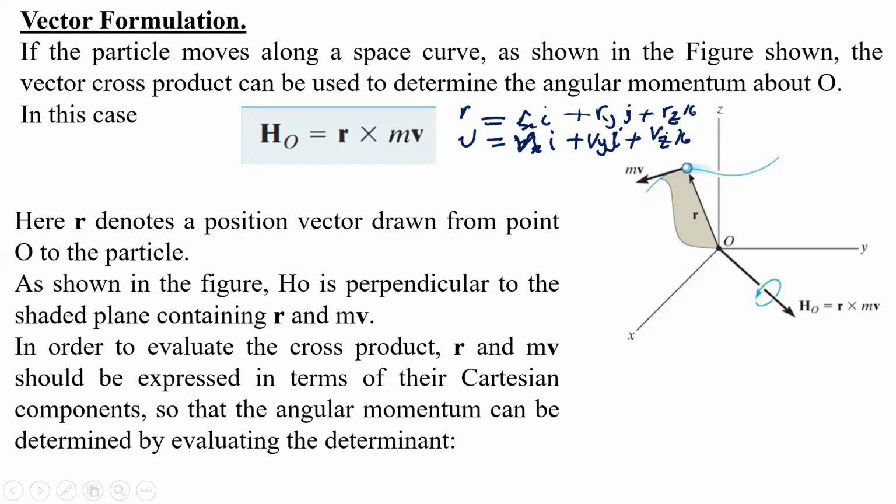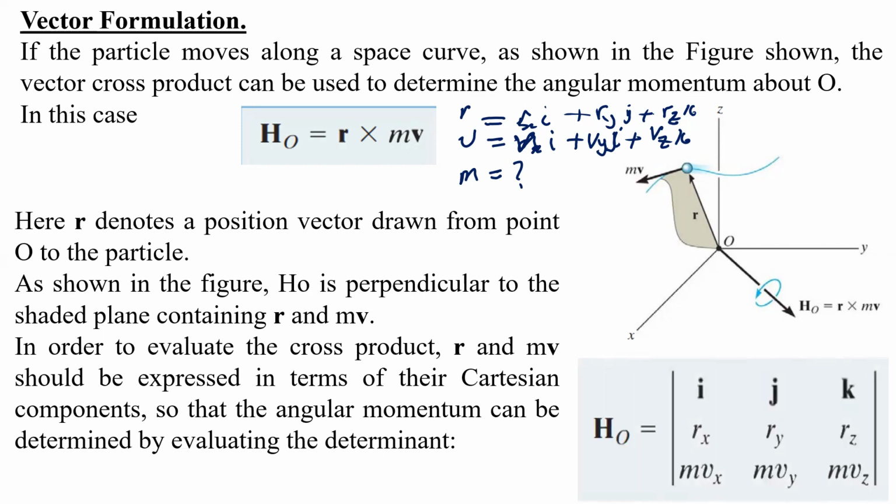But now, what will m be in the XYZ plane? So now let's look at how to calculate the determinants. So we now have i, j, and k, r_x, r_y, and r_z, mv_x, mv_y, and mv_z.